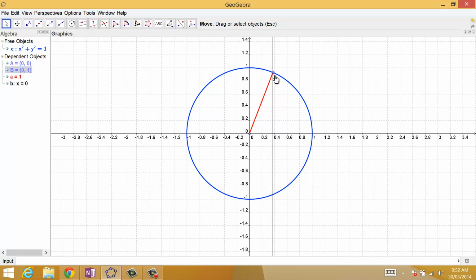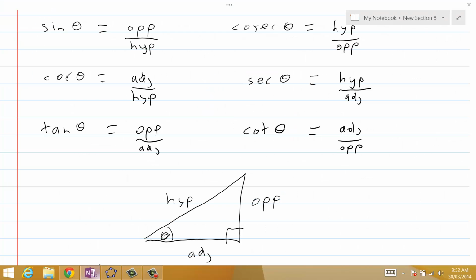So that means that when we're looking at the ratios, if we say that the hypotenuse equals 1, we can see that sine theta is opposite over hypotenuse, opposite over 1.